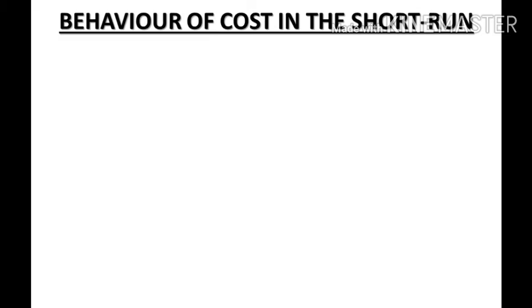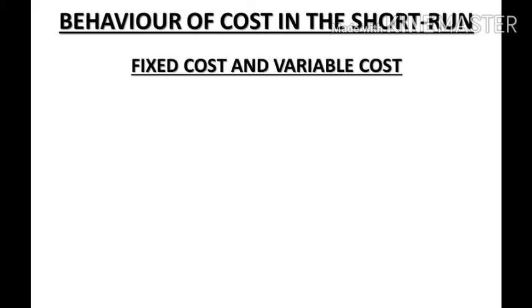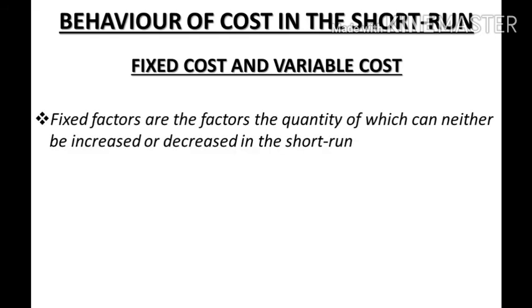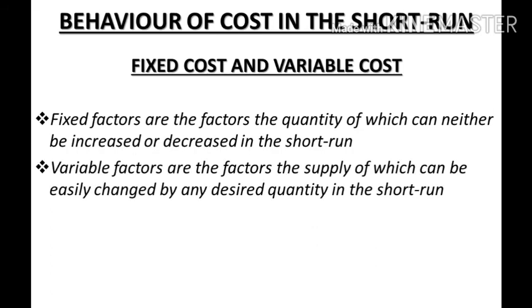Now, we already talked about that short run is a period where certain factors are considered to be fixed and certain other factors of production are considered to be variable. Fixed factors are those factors the amount of which cannot be changed, and variable factors are those factors whose amount can be changed in the short run.